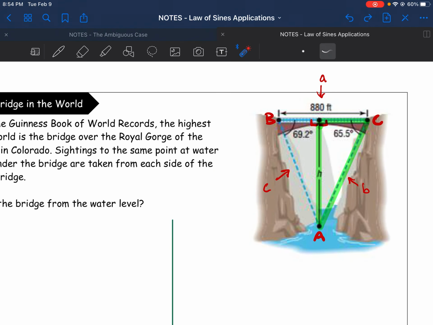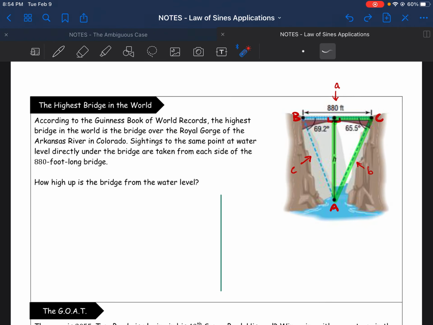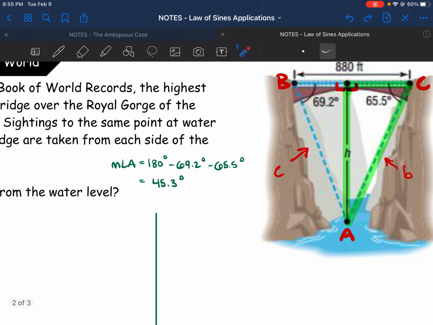So in order to find side B, I'm going to need to know what angle A is. So that's the first thing that I do. I go ahead and solve for the measure of angle A. It's going to be 180 degrees minus the measures of these two angles, and that's going to give me 45.3 degrees.